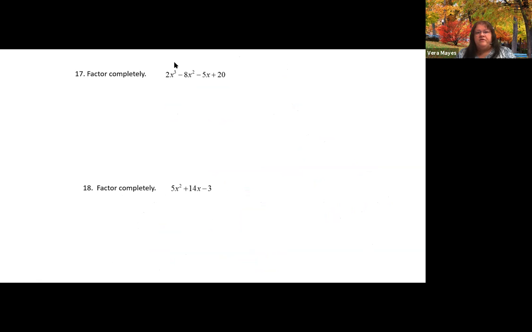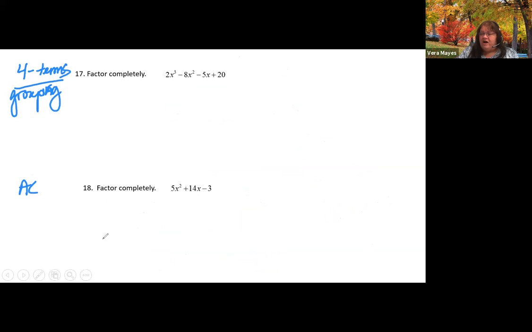Okay, we're doing some more factoring. Now the first one, I see 4 terms. So anytime I see 4 terms, I know we're doing grouping. Now this one I look at and I see the first coefficient's not a 1, the second one's not a 1. So I use the AC method.